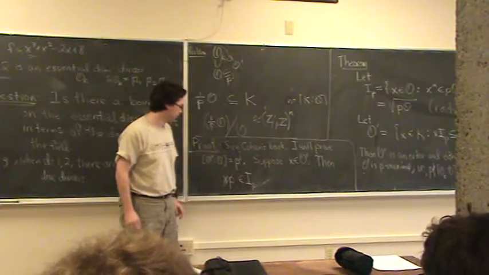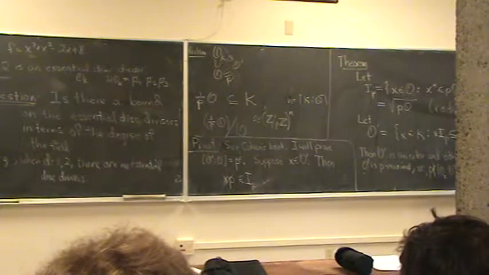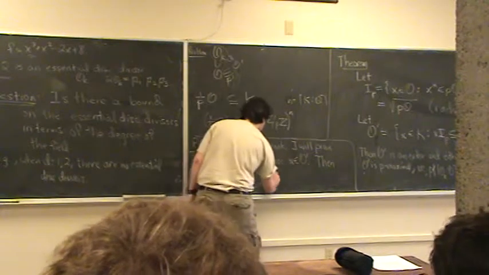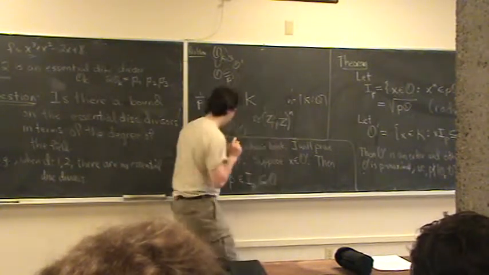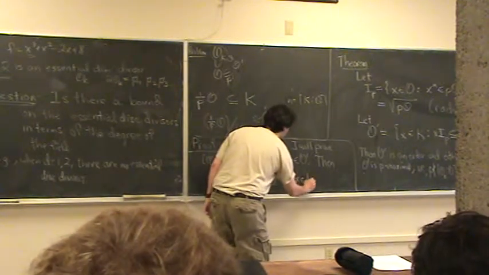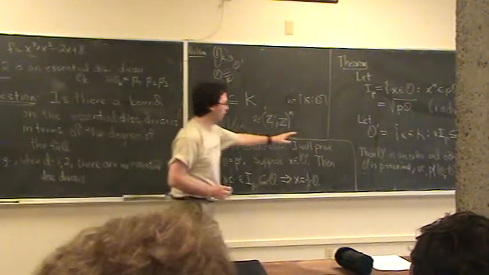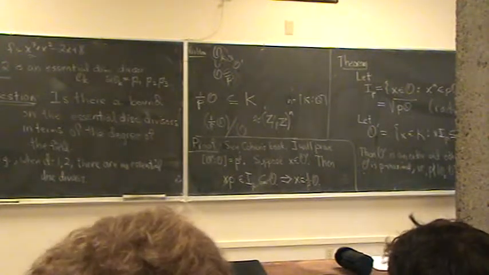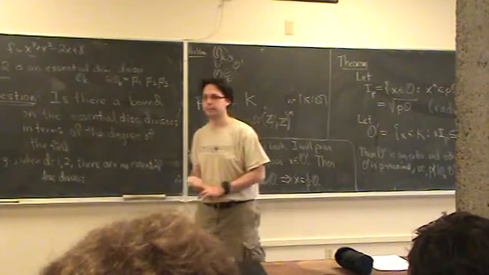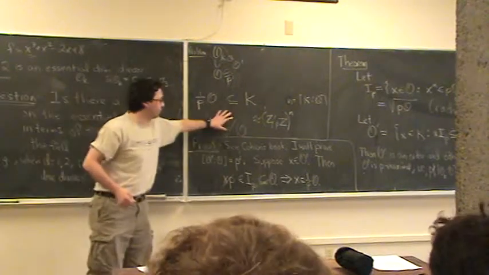So x times p is in I sub P. And I sub P is by definition an ideal inside of O. So x times p is an element of an ideal that's a subset of O. Therefore, x is in 1 over p times O. So I just proved for you that this O prime is contained in 1 over p times O, which proves the statement that that index has to be a power of p. Because the quotient O prime mod O embeds inside of this finite abelian group.